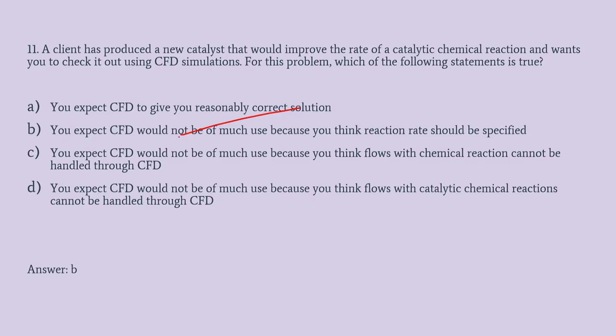So here it is said that the client has produced a new catalyst. Some of the properties of the new catalyst we won't be knowing actually. So in such cases, we can't go for a CFD simulation right away, because it needs new material properties.